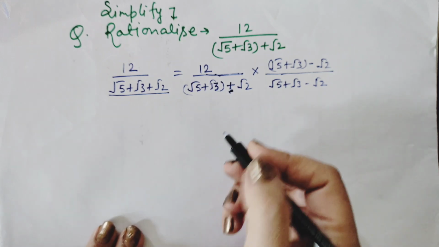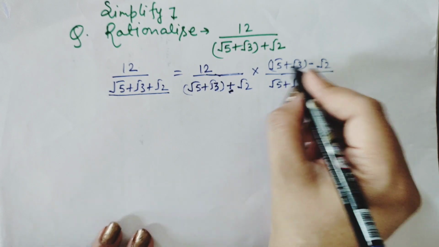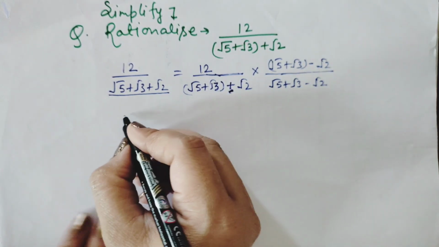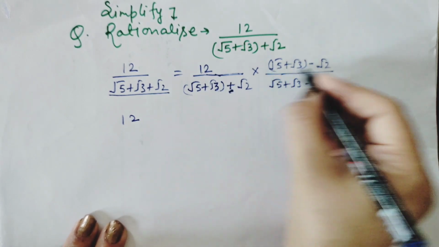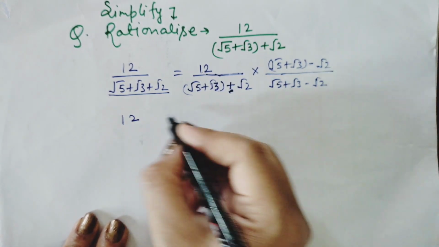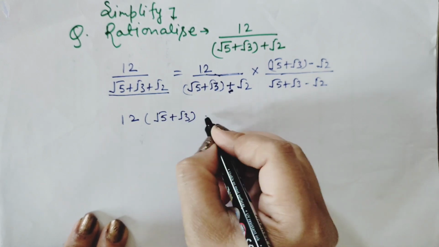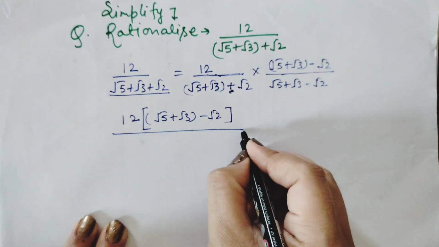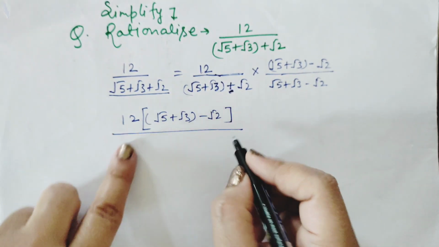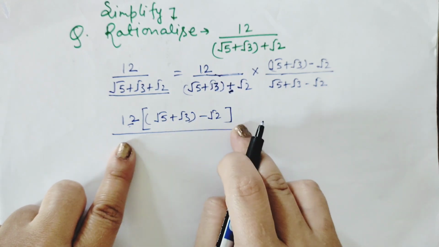After that, 12 is multiplied by this full term, so we are using this bracket, and in the denominator this is multiplied by this full numerator.